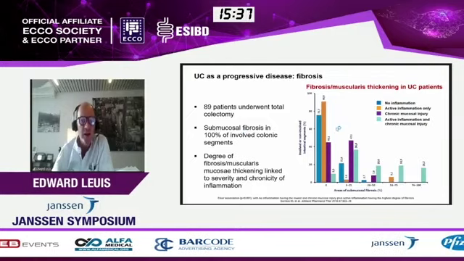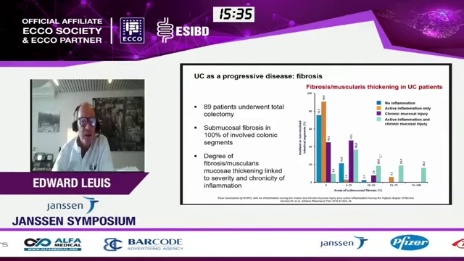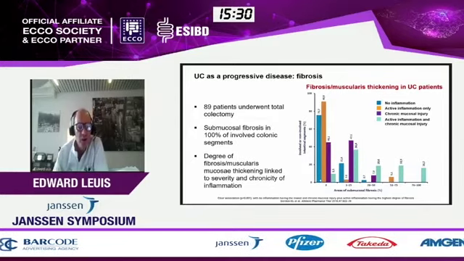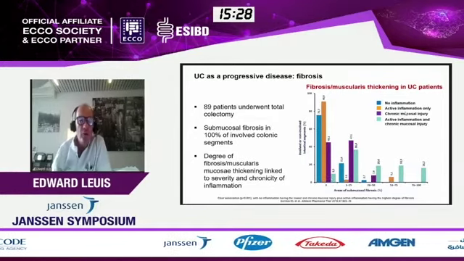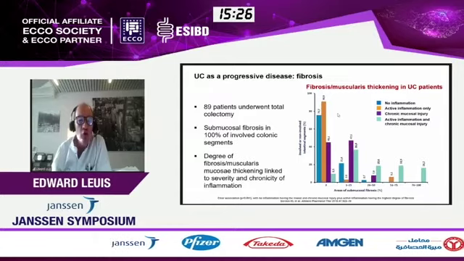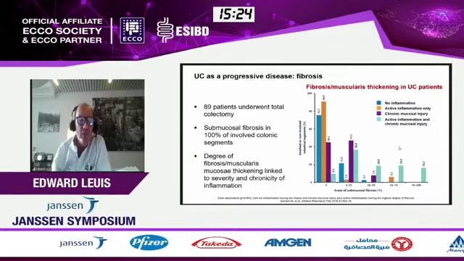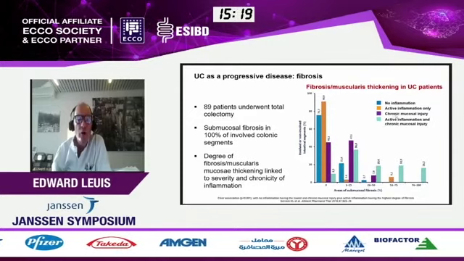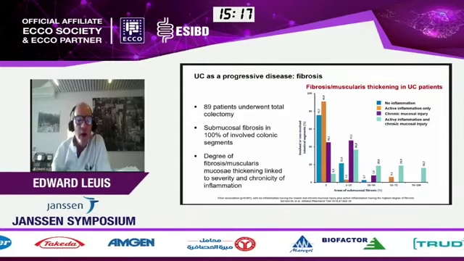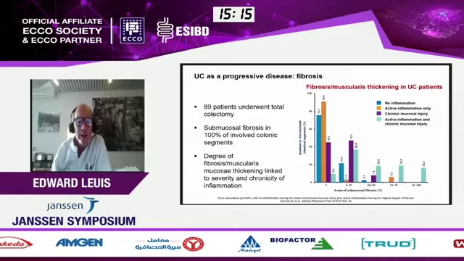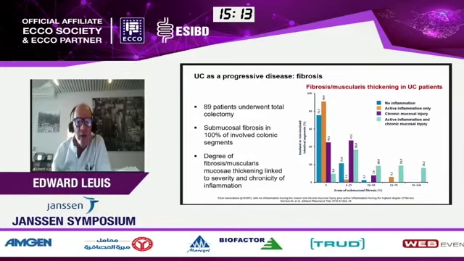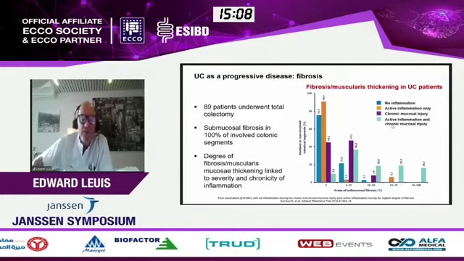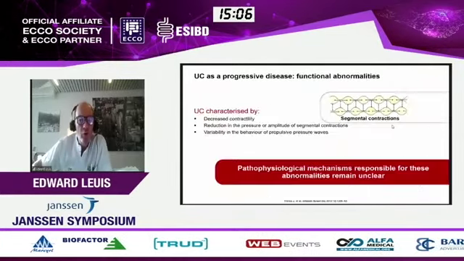And what you see in this histogram is that when you have patients in blue here with no inflammation, there is almost no fibrosis. When you have only acute inflammation, you have less fibrosis, and it's when you have chronic and acute inflammation, particularly both of them, that you will get more fibrosis, and then you will find a lot of areas with fibrosis when you have active inflammation and chronic mucosal injury.